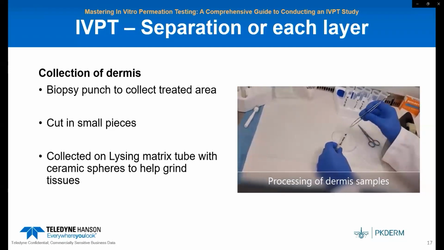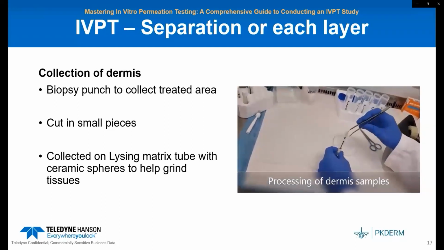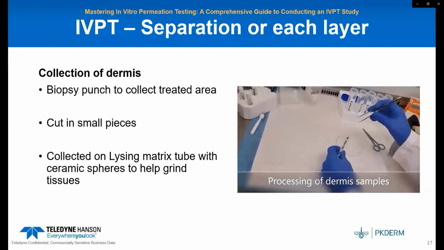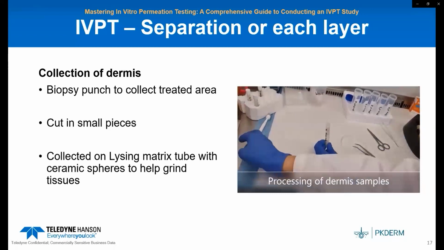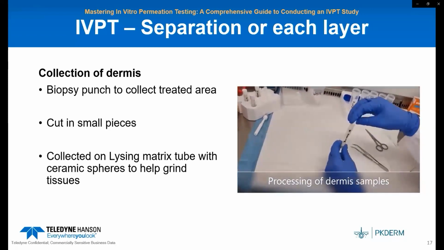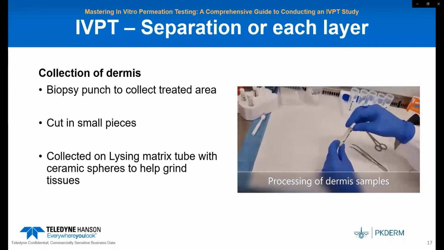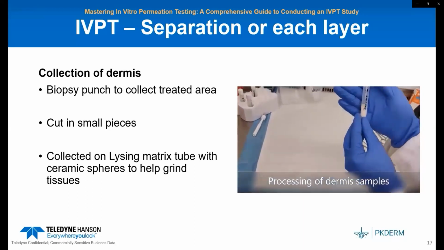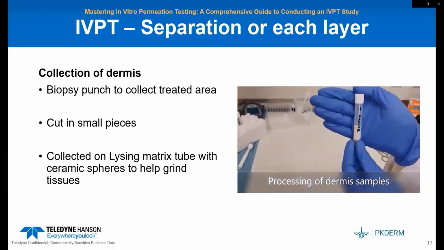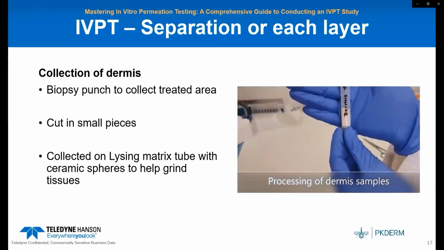Pieces of dermis are collected in FastPrep lysing matrix tubes containing ceramic grinding spheres. These spheres help to grind hard tissues like the dermis and epidermis.